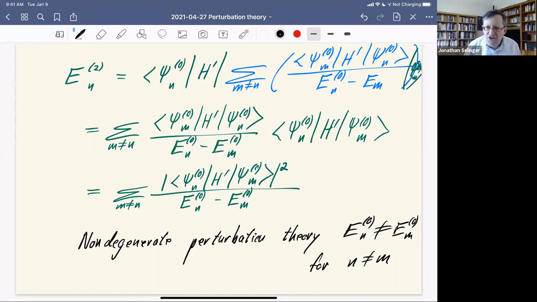There are ways to deal with that, called degenerate perturbation theory, for situations where some of the old states have the same energy. But I'm not going to teach that to you. You can read it in the book, or learn it in a more advanced course, but it's not going to be covered in this course.